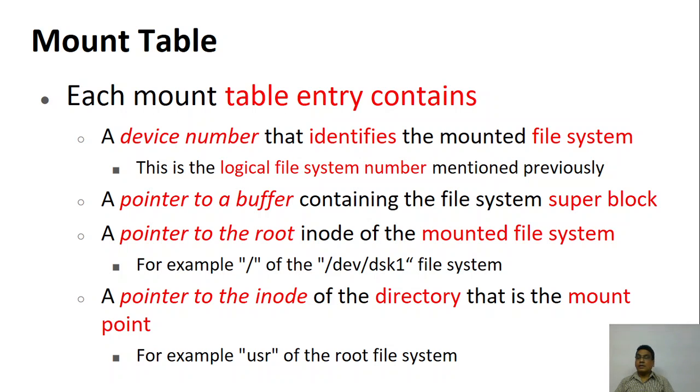Then a pointer to the buffer where the super block of the file system will be used, and then we have a pointer to the root of the mounted file system, as well as a pointer to the inode of the directory, that is the mounting point.